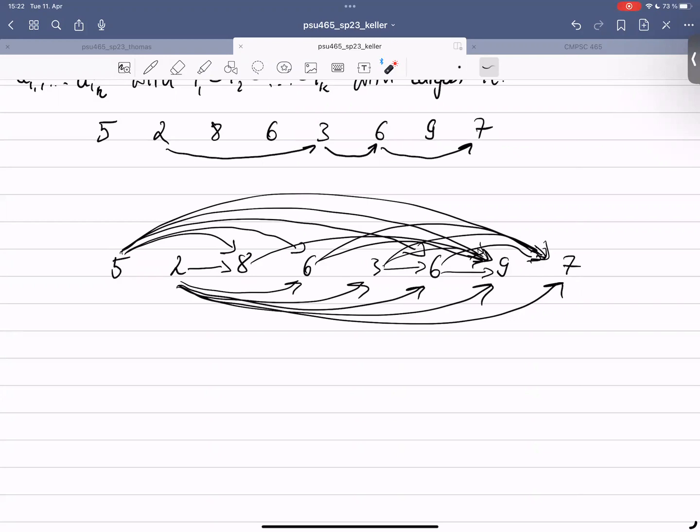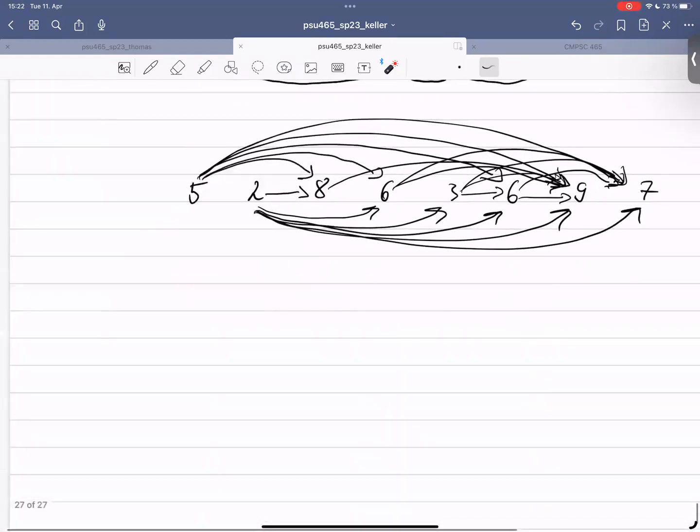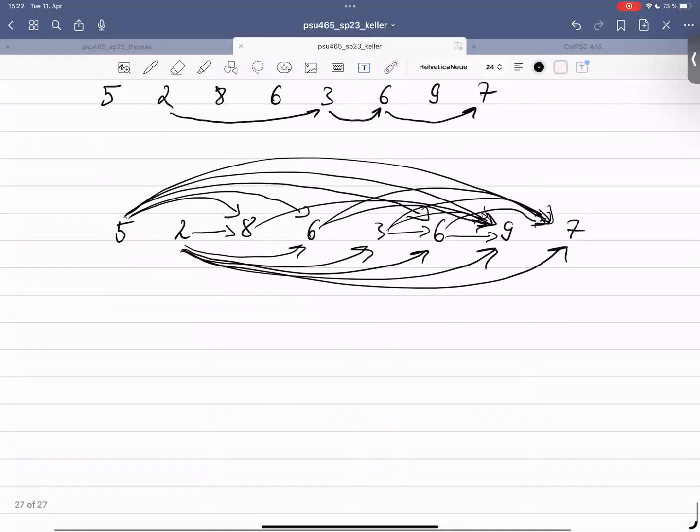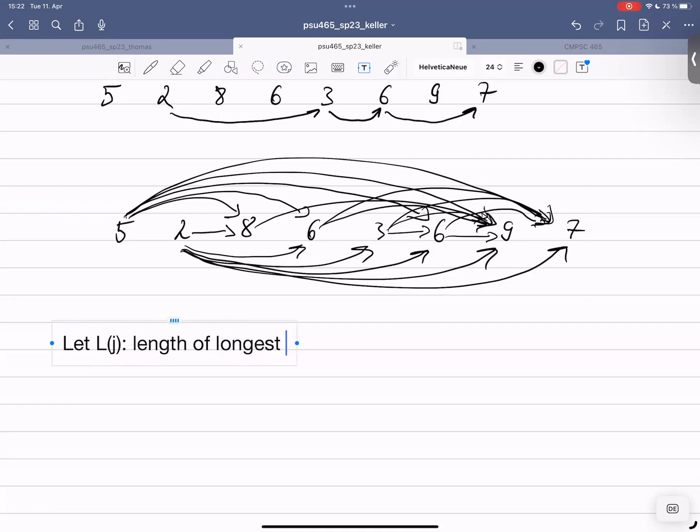So let's call this L of J. Let L of J denote the length of the longest path ending at J. Okay, that's just what we considered so far.